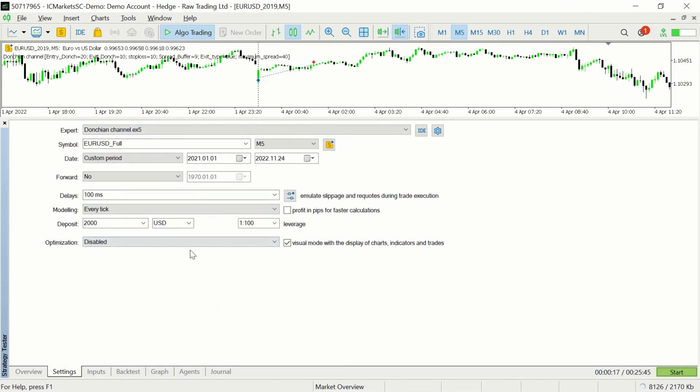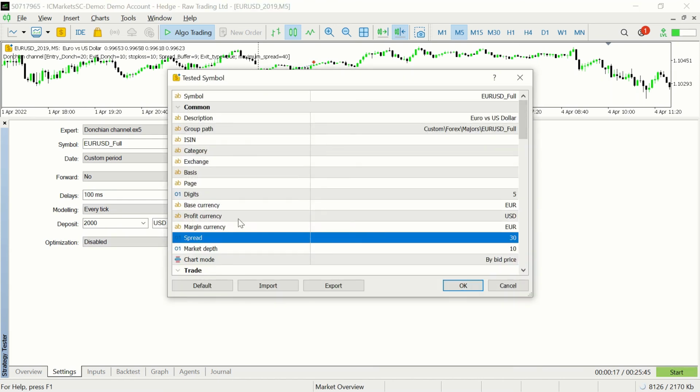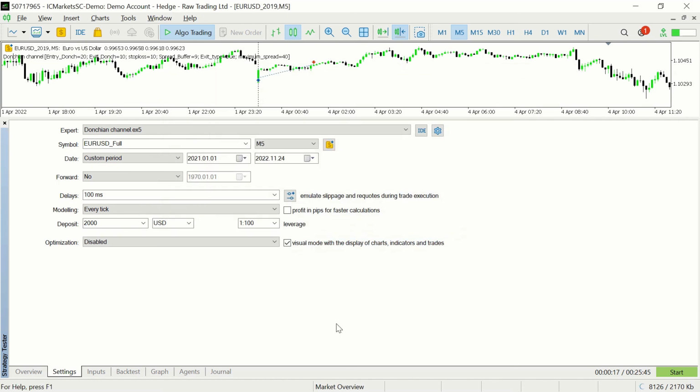All right, so before we look at the results, there are a couple of things to note. So the first thing, I've added the commission charges on all the trades that we'll be taking. And the next thing, I've also included the spread, the high spreads that we'll be getting at midnight. So the minimum spread in each trade will be 3 pips. So let me just show you.